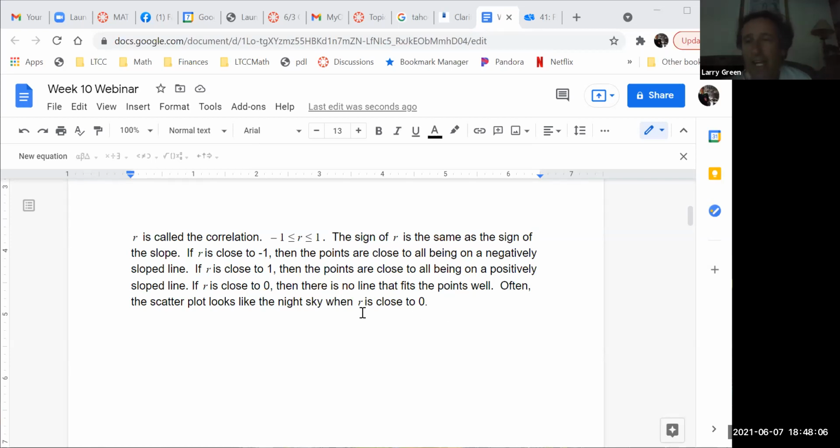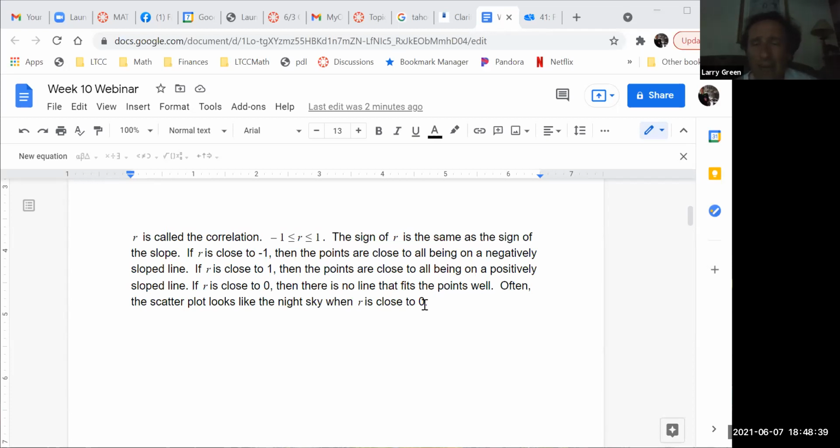If you look at the correlation between east-west and north-south, basically the position of the stars as a scatter plot, then R is basically 0, right? There's no linear correlation for stars. That's why I like to use that, because most people know what the night sky is. Sorry if you're from Seattle and you have no idea, or New York City. But if you live in a place you can see the night sky, you understand. Then that would be a correlation very close to 0.